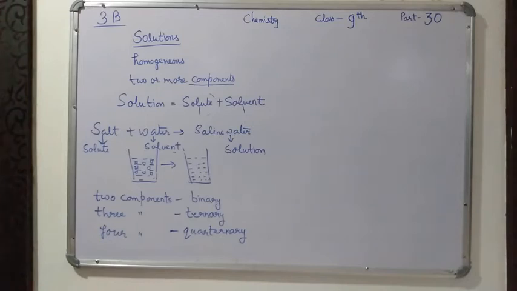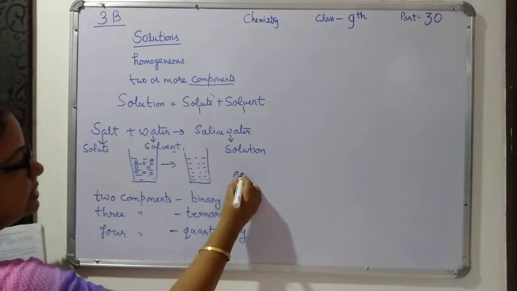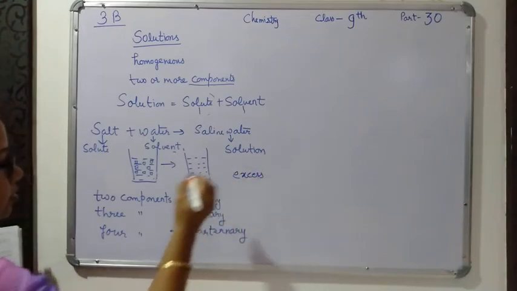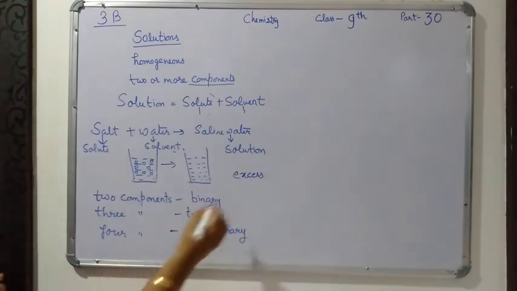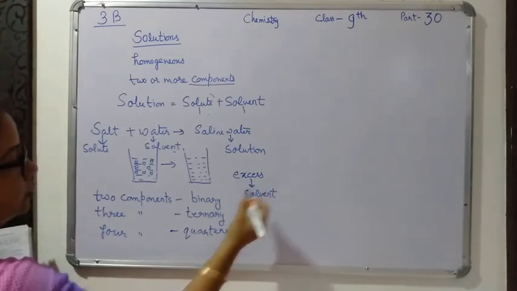Now one thing you have to remember: if the two substances are in the same physical state, either solid, liquid, or gaseous, so in the same phase, the component that is in excess will be called the solvent.